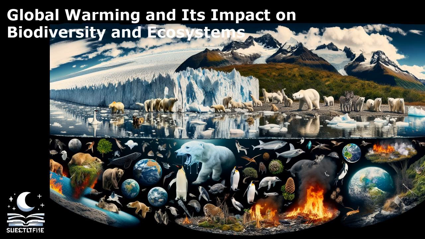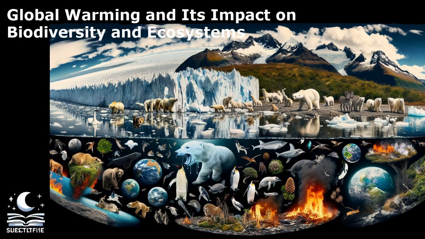Protecting biodiversity is not only a moral imperative, but also essential for ensuring the resilience and sustainability of our planet. By addressing the root causes of global warming and implementing conservation measures to safeguard biodiversity, we can work towards a more harmonious relationship between humans and the natural world.